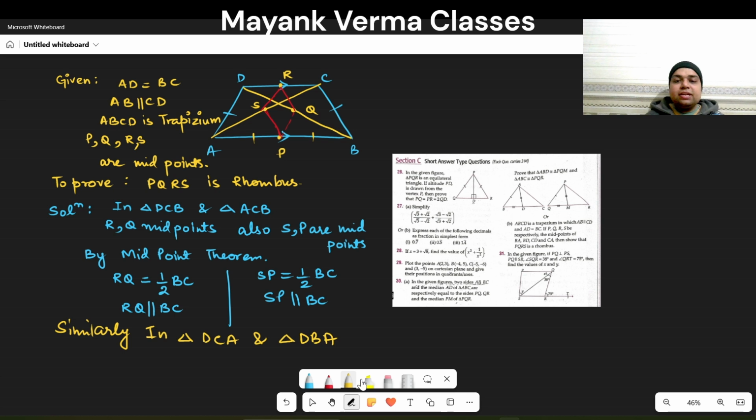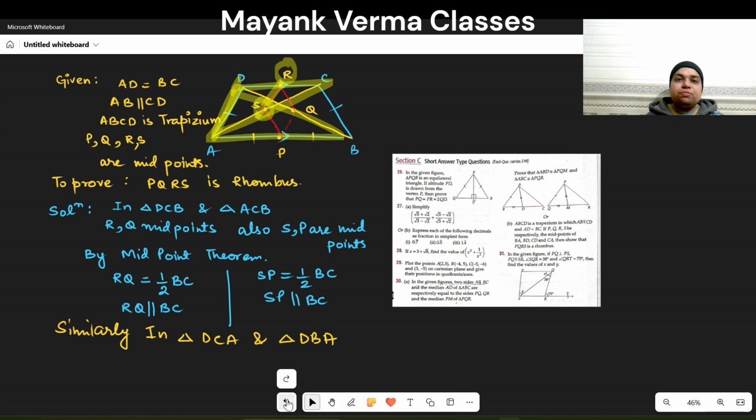So now what I'm saying, this triangle and this triangle both have the same base, and we can say that this R and S are the midpoints. So this will be parallel to this, and also this QP is parallel to this, right? Midpoint theorem.